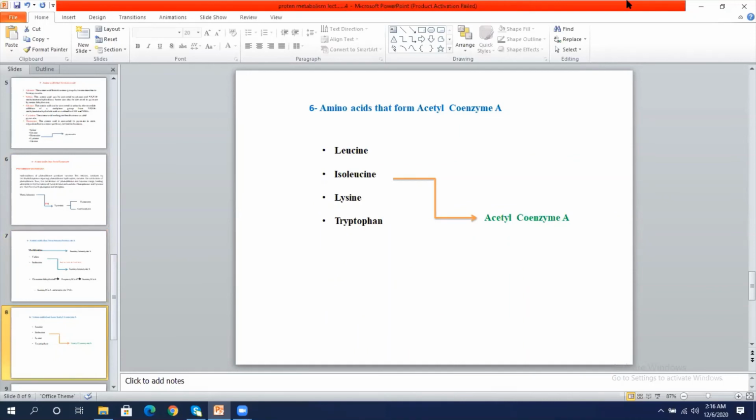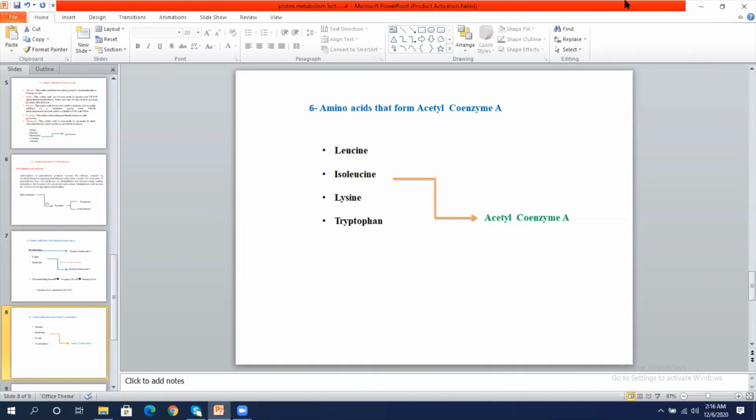In the sixth way, there are some amino acids like leucine, isoleucine, lysine, and tryptophan. They form acetyl coenzyme A, and acetyl coenzyme A further enters into different metabolic pathways.